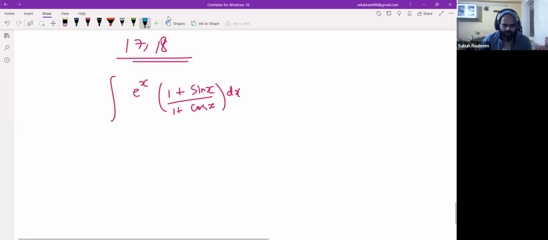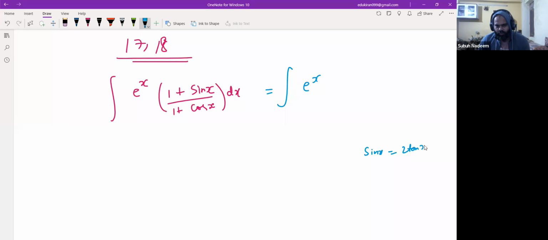So let me explain it to you. What you can do here is change it into tan x by 2. You can change sin x as 2 tan x by 2 by 1 plus tan square x by 2, and cos x as 1 minus tan square x by 2 by 1 plus tan square x by 2.